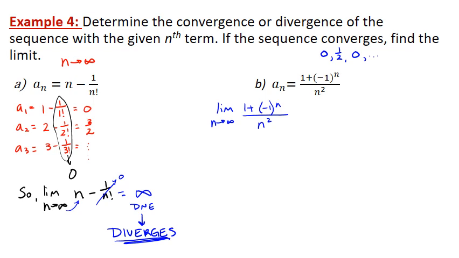In this case, we can't use direct substitution. It's just not very helpful. So instead, we are going to multiply by the conjugate of the numerator.